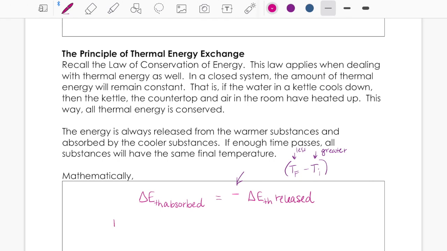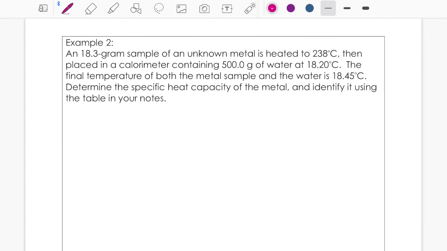So we can expand out these equations so that we have the mass of 1, specific heat of 1, and then change in temperature of the absorbed substance is equal to negative the mass of the second substance, the specific heat of the second substance, and then the temperature change for the substance that's releasing the energy.